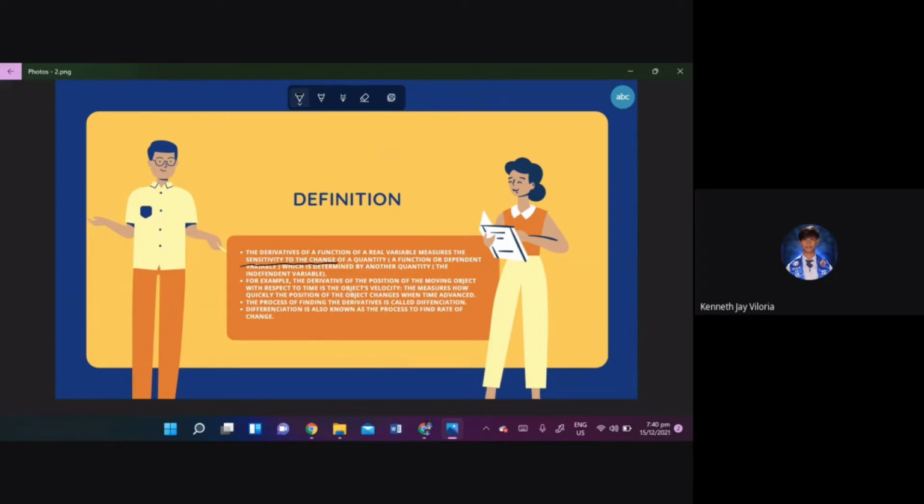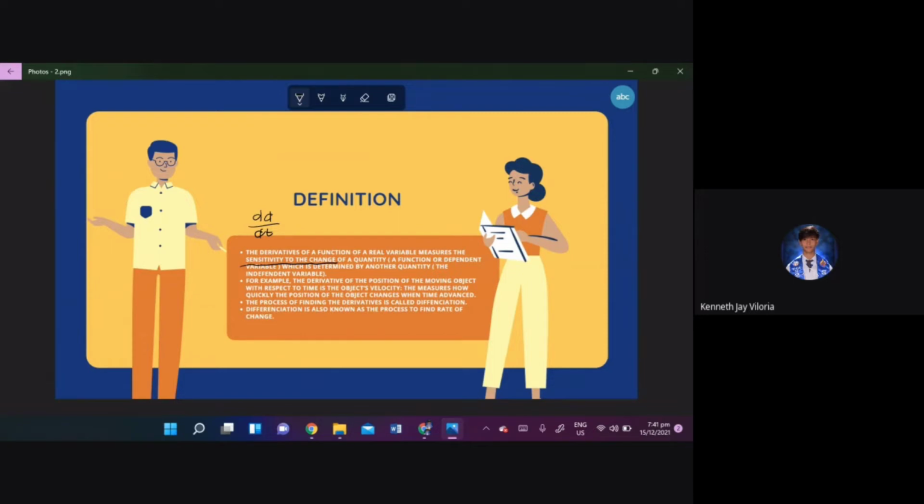For example, the derivative of the position of a moving object with respect to time is the object's velocity. So, the derivative of the position of the moving object is equal to the change in distance, let's say the distance is d, with respect to the change in time.